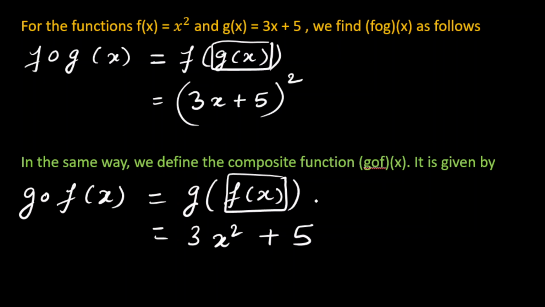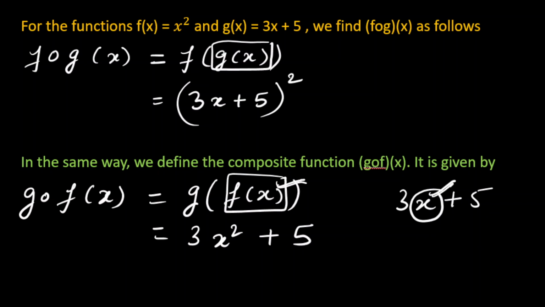I'll do this once again. g was 3x plus 5, but here, because we are substituting f in g, we are plugging f into g. So at place of this variable, we have to write the value of f(x). f(x) is x square. That is how we got 3x square plus 5.